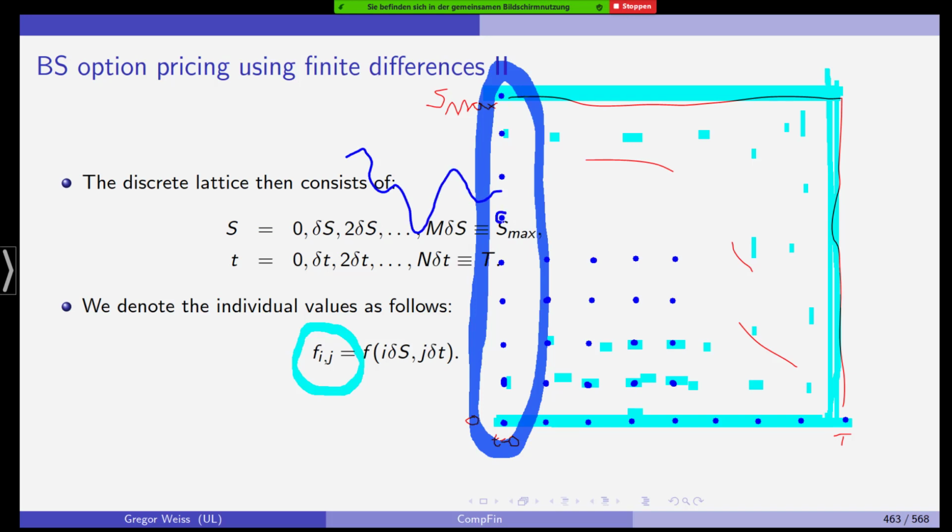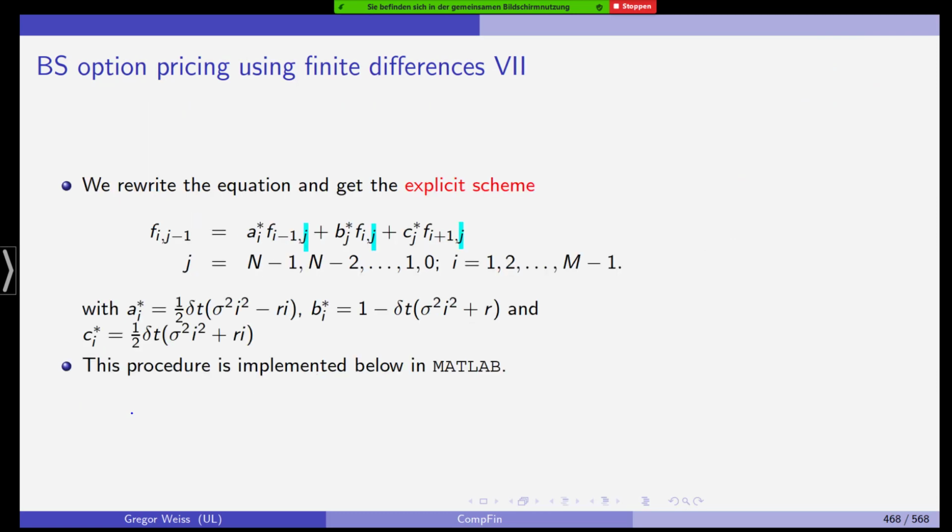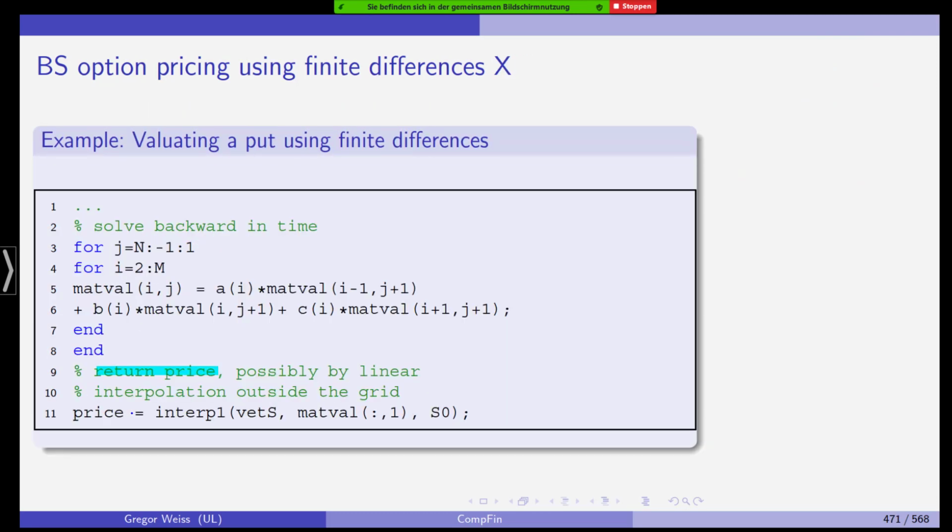It's between this point and this point. So we know the option price here and here. And what we are doing now is we simply interpolate between these two. For example, this is the first price and this is the second price. And we interpolate and we say, well, the stock price is currently here. Then the option price is assumed to be this point.